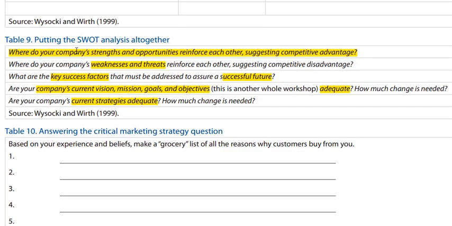If they are reinforcing each other, then we have a good SO strategy. That is, which strength we can use to encash the available opportunity.